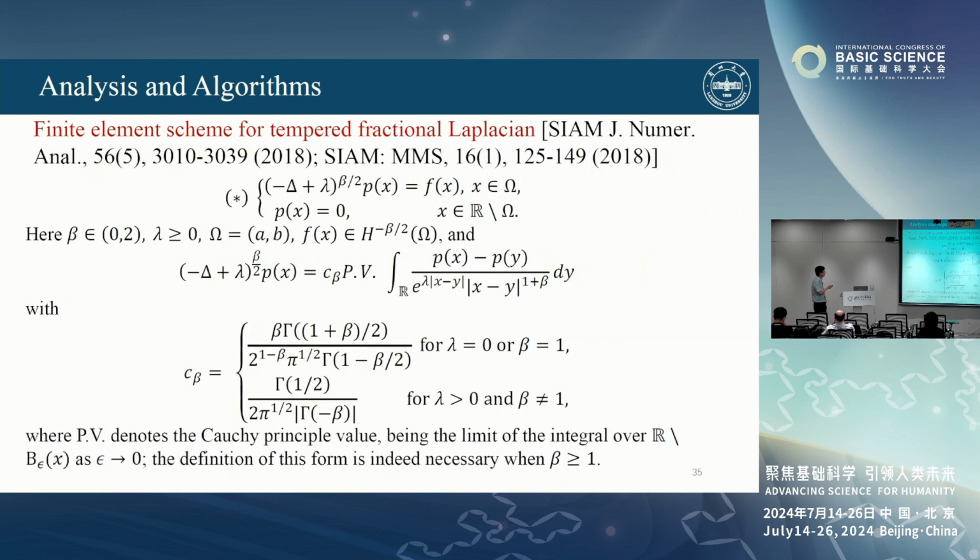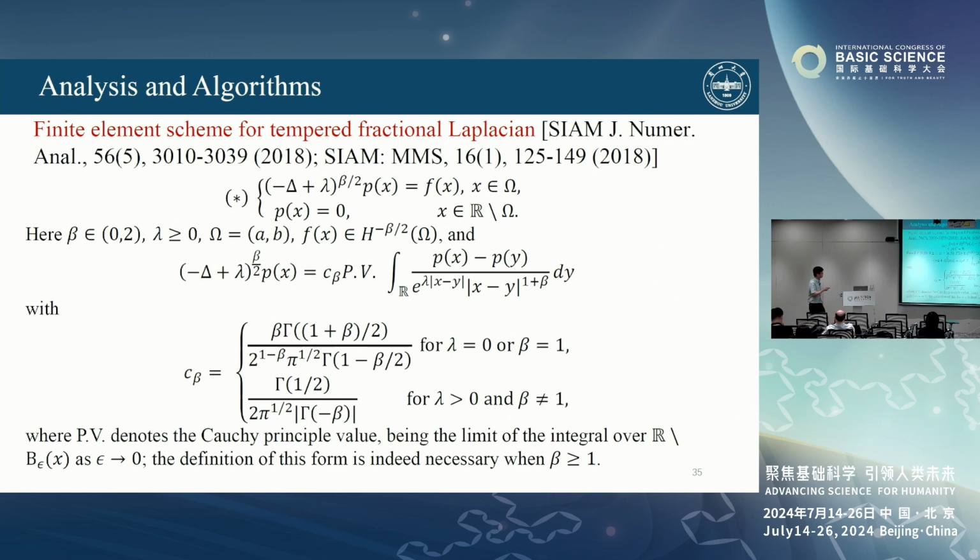Then we can also discuss the finite element scheme. We can also design the finite element. For example, this example is very similar to the fractional Laplacian: if lambda equals 0, it reduces to the fractional Laplacian.